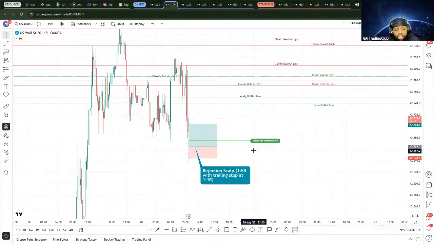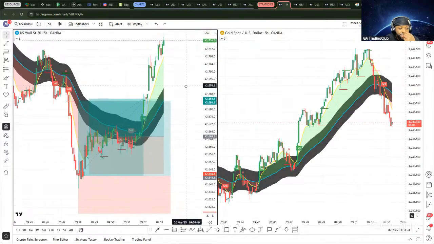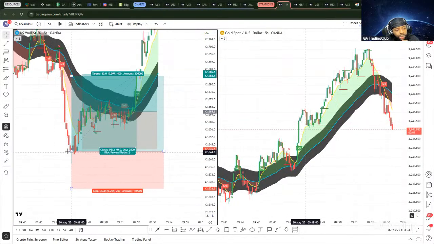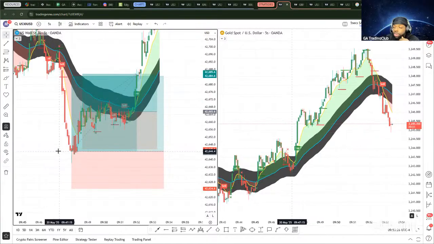If you took the 10-point manipulation move, you would have lost, right? But if you waited to enter on the 5-second, which also validated the 5-second change of structure for the 4-hour EMA, you would have won that trade, which is what we just did right now. So this was the most optimal 10-point entry based off of the 4-hour EMA.